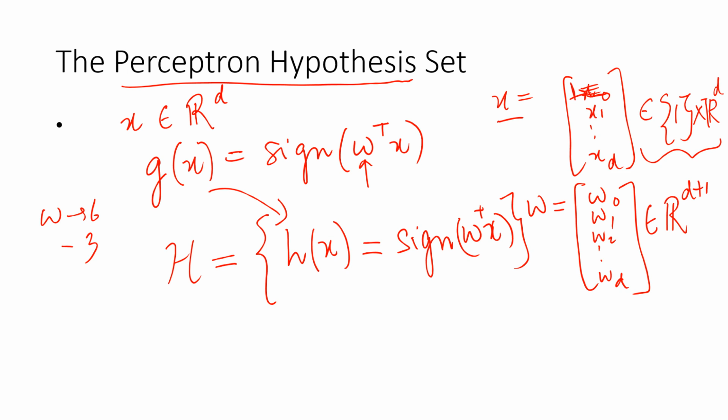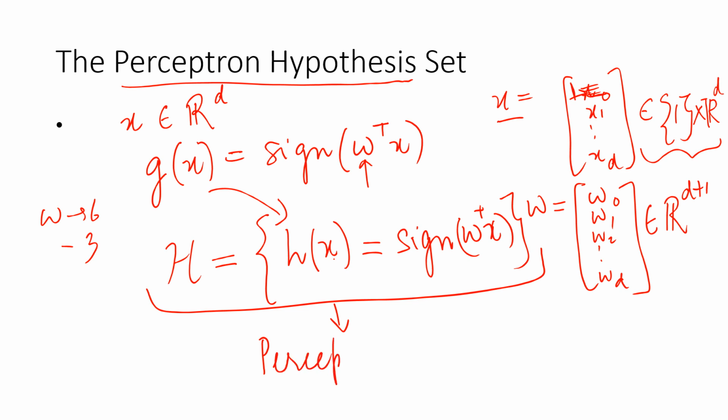This entire hypothesis set is known as the perceptron. I agree that I picked up one specific set of values out of this, but this entire set can still be termed an entire candidate set of solutions for my problem, for my credit card problem. And so this is known as my perceptron.